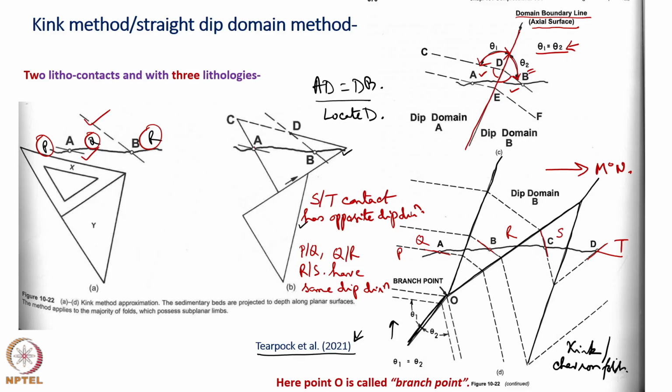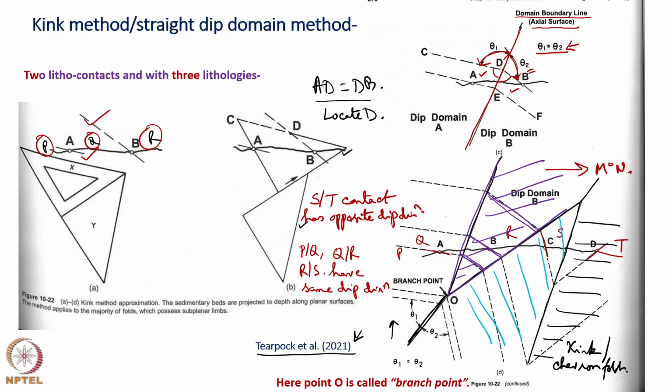The deep domains can be pointed out. Within these two axial traces, all the layers dipping with the same amount and in the same direction. So, this is a single deep domain. Similarly, this is another deep domain, this is another deep domain, and this is yet another deep domain.